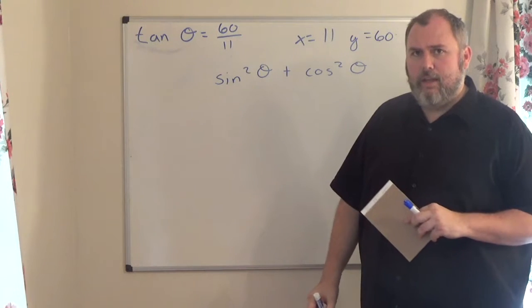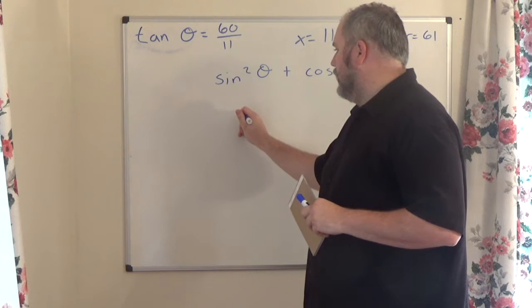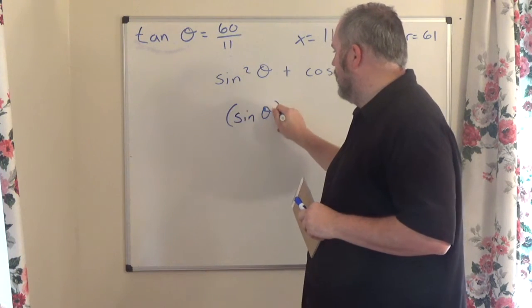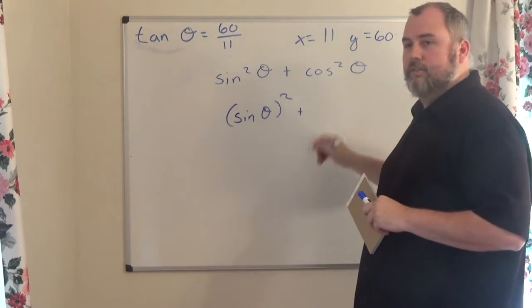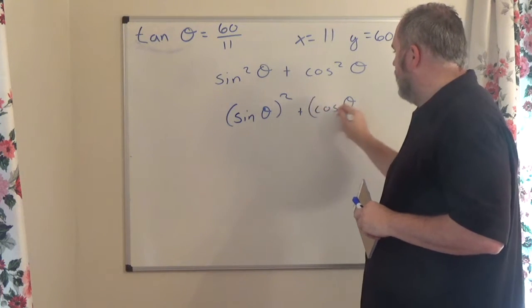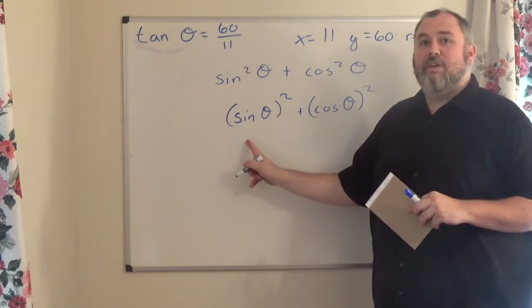Well, I gave you a hint earlier in the video that sine squared theta is really this, sine of theta squared. It's the same thing with cosine: cosine of theta squared. Now, what was sine?